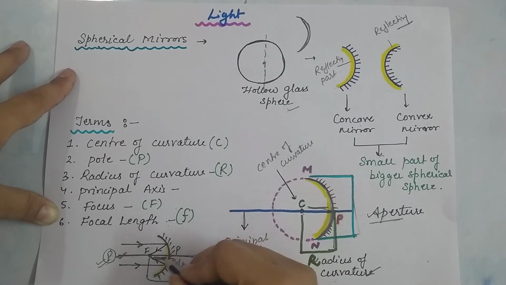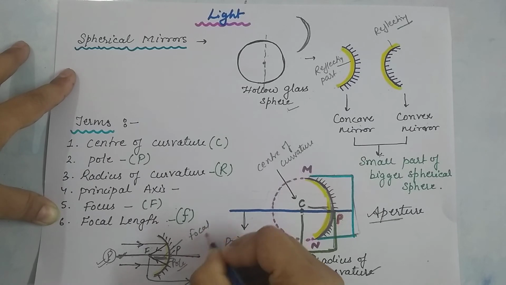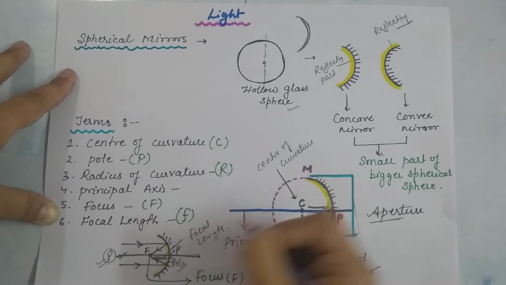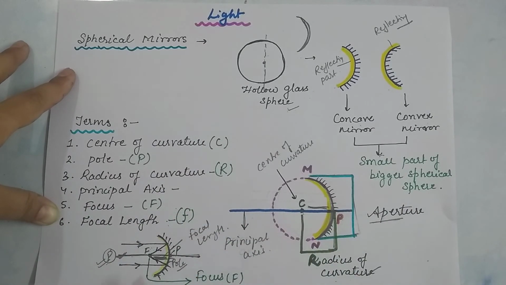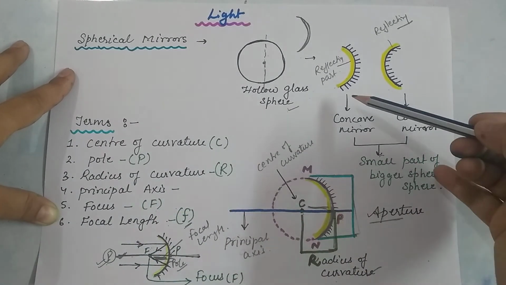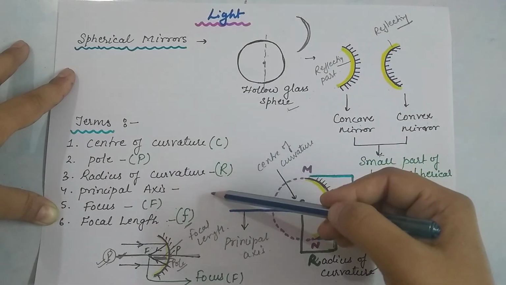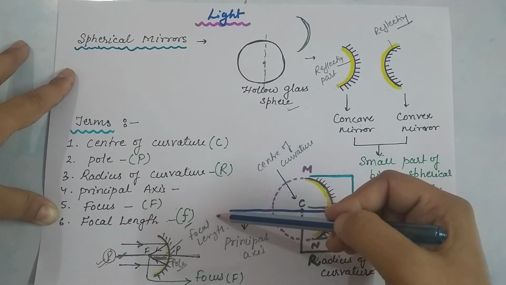This focal length is denoted by small f, and the focus is denoted by capital F. So we have understood what the spherical mirror is and what the terms related to the spherical mirror are.